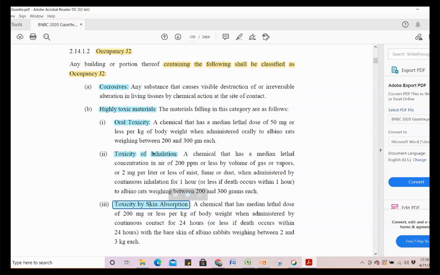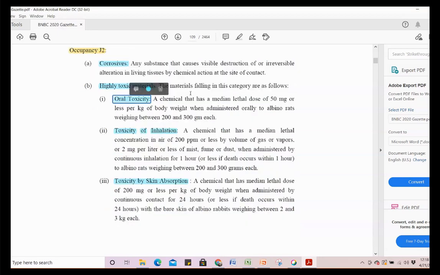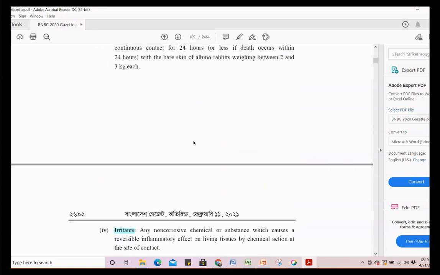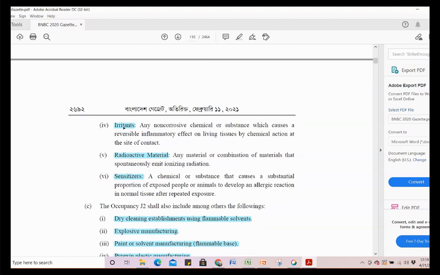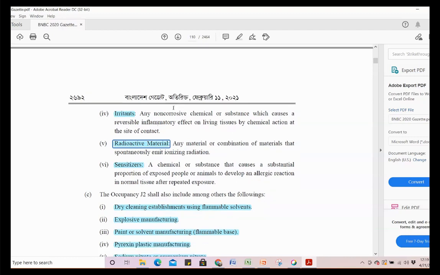So there are different types of toxicity and there are provisions for that. It can be irritants as well. So any chemical deposition can create allergic reaction or inflammation in any part or tissue of the body. So they can be irritant as well. They can be radioactive material, so that is also a kind of hazard. They can be sensitizers.